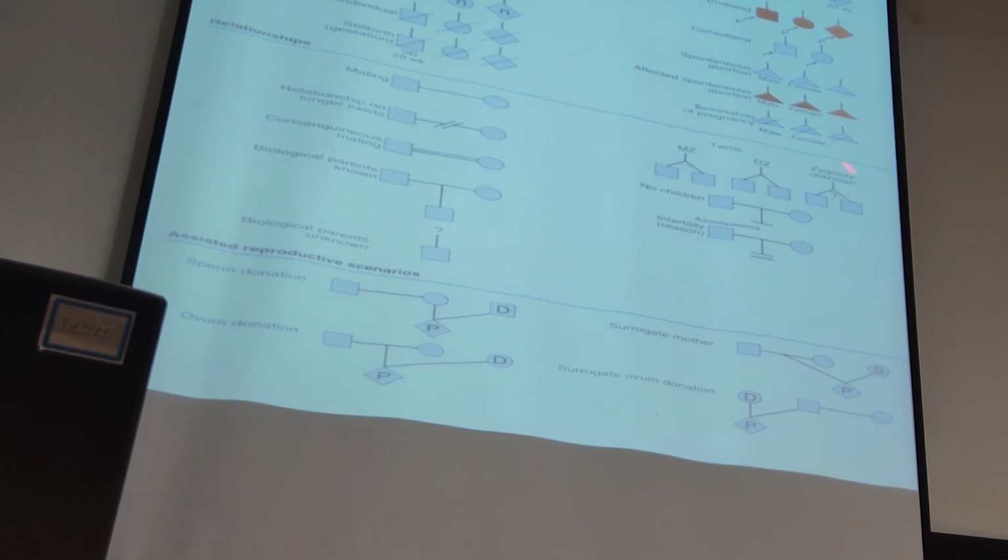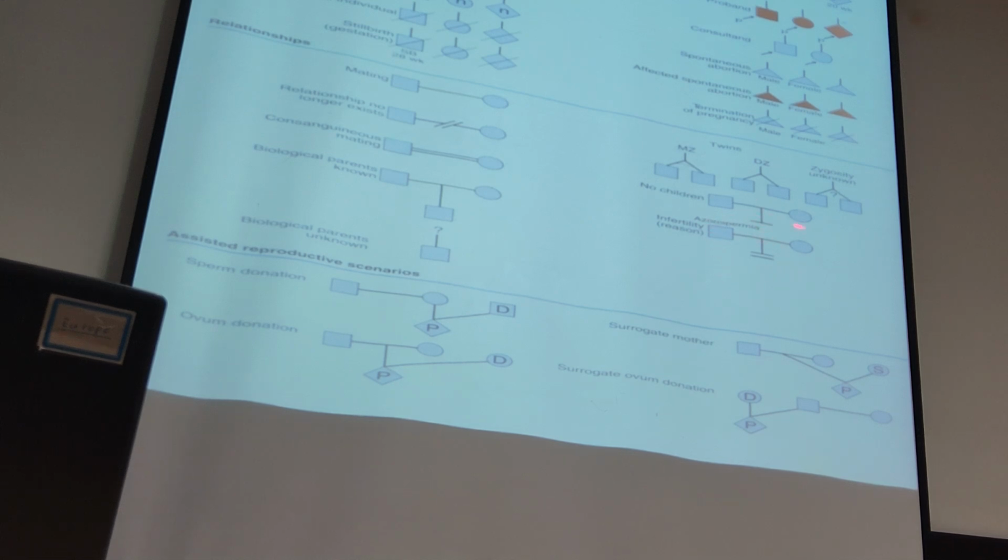If we do not know the zygosity, we put a question mark. If the couple does not have any child, we draw something like this.